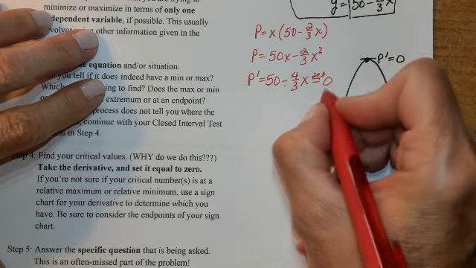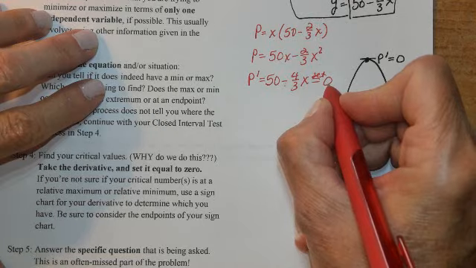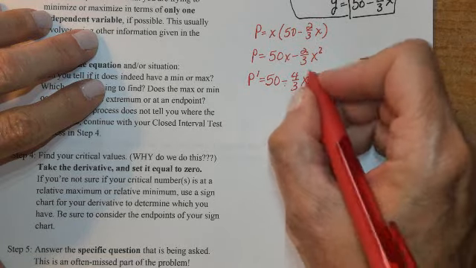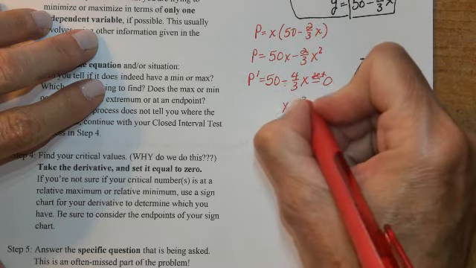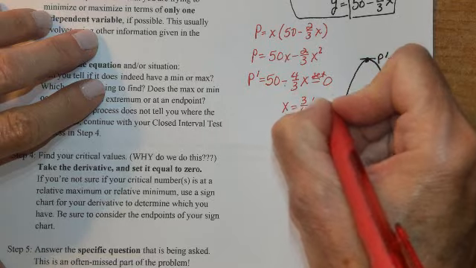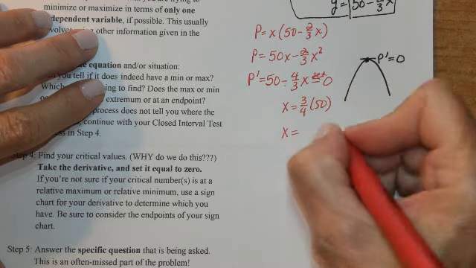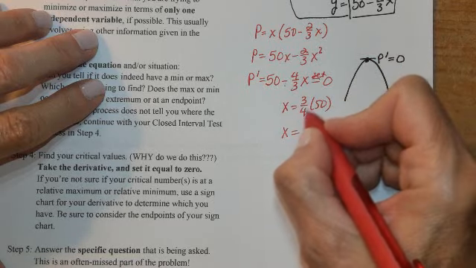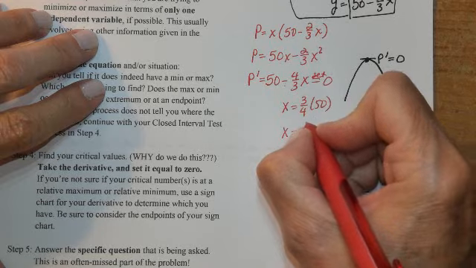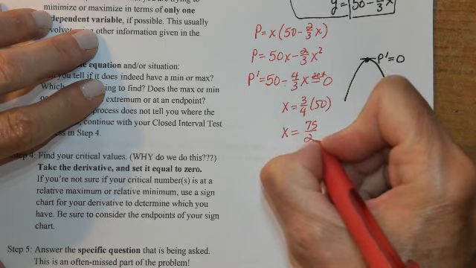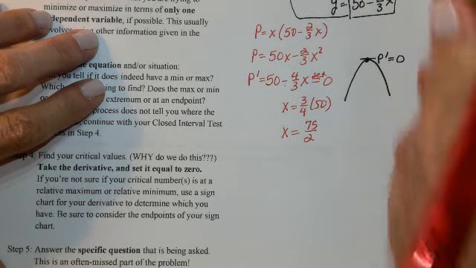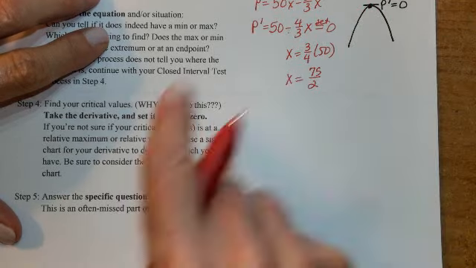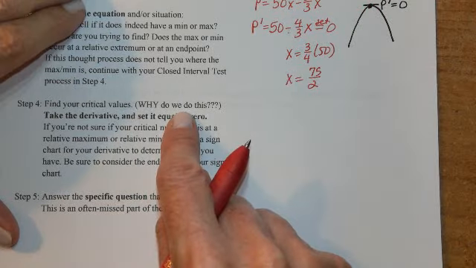So move the 50 over, and then multiply both sides by the negative 3/4, and x will be 3/4 times 50, which we can simplify a little bit. 2 and 25, right? So this would be 75 halves. Okay? So that was our taking the derivative, set it equal to 0 step.